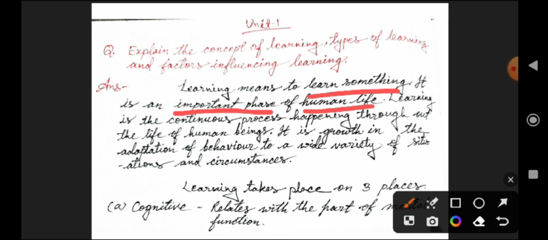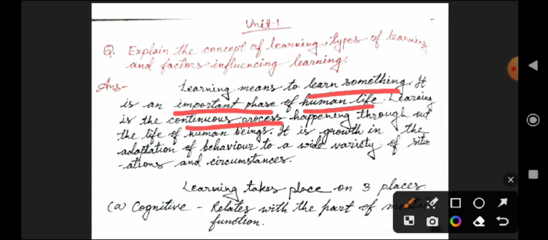Okay. Learning is the continuous process happening throughout the life of human beings. So friends, learning is a continuous process. Okay, so from birth to death we learn many things. Yes or no? Yes.